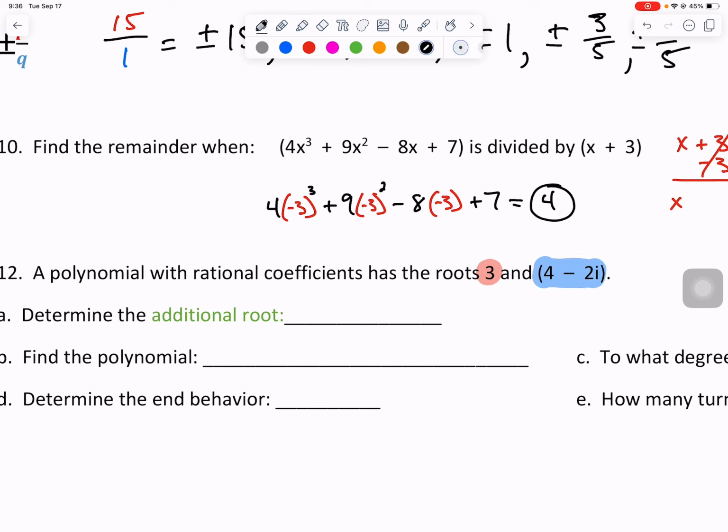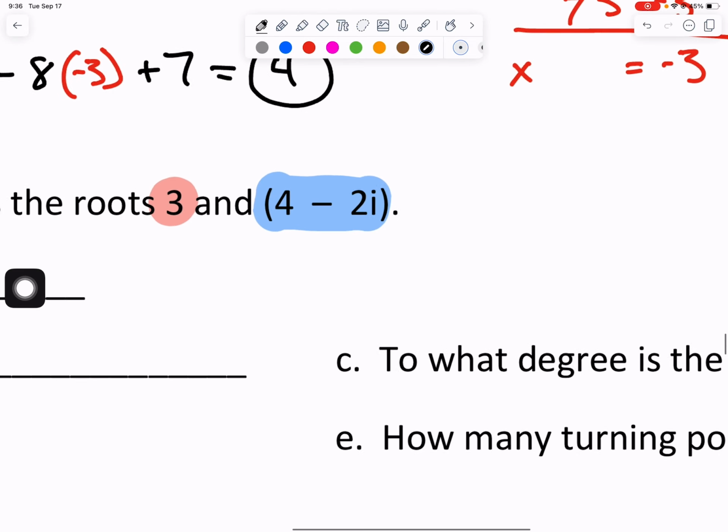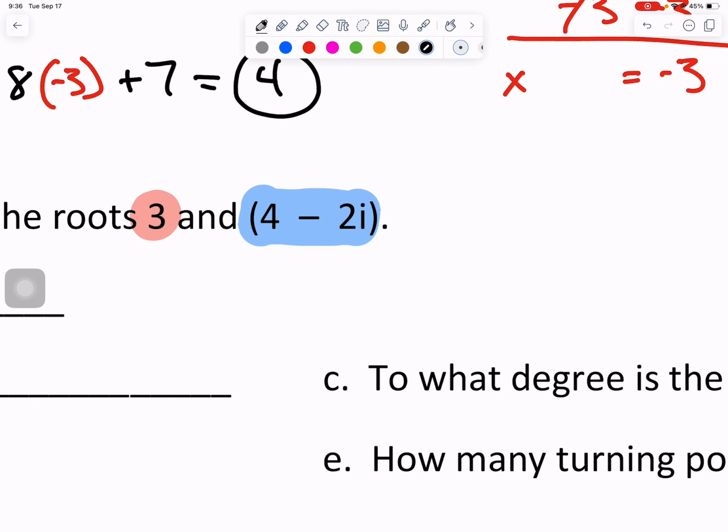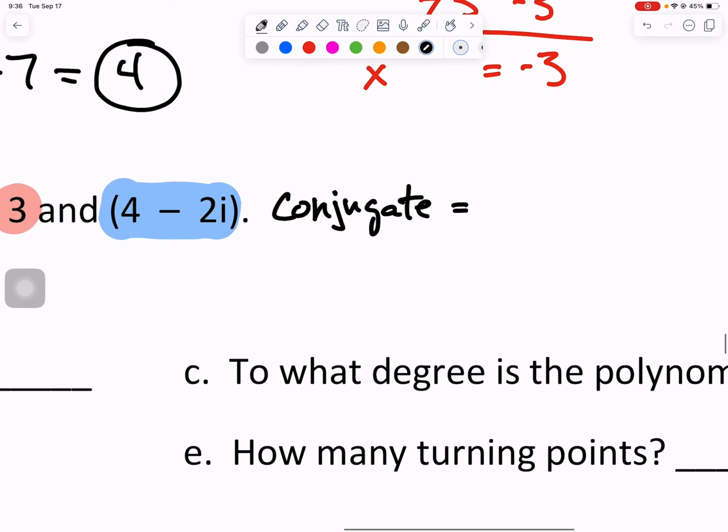And I do know that when we're working with complex numbers, well, guess what? That 4 minus 2i, well, it has a conjugate. All right, and that conjugate is equal to, I'm going to highlight it later. Open your parenthesis. The 4 is going to stay the same.